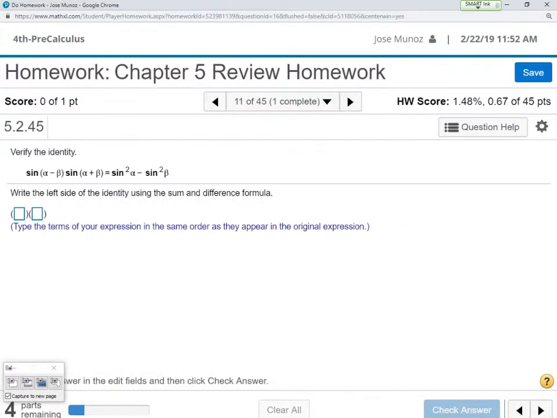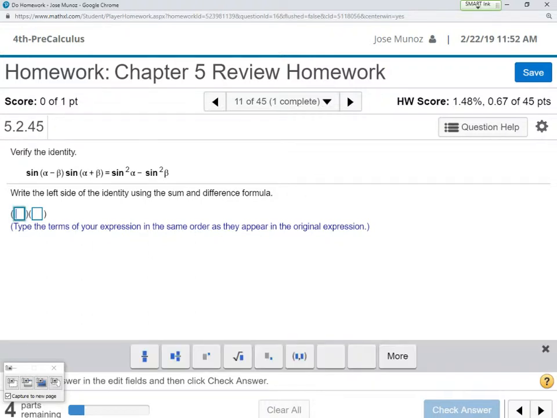Okay, so write the left side of the identity using the sum difference formula. I see what you're saying. Where's my formulas? Who has the sum difference formula? I do.